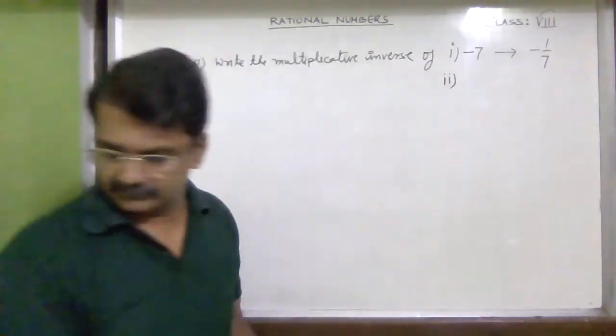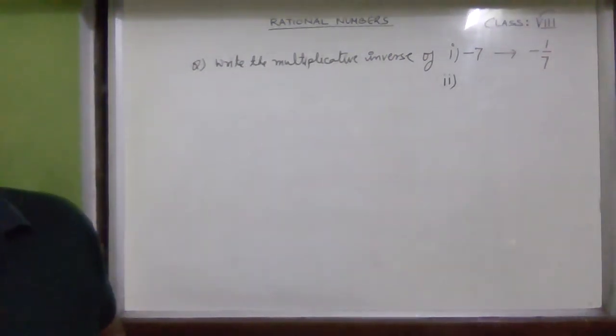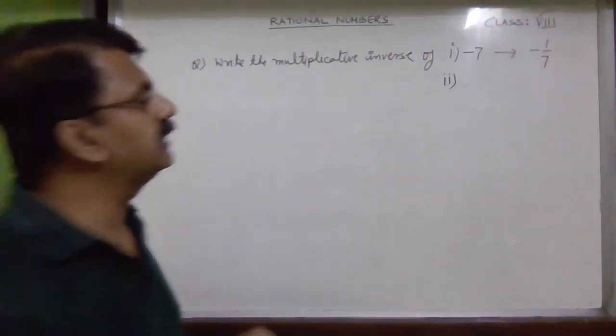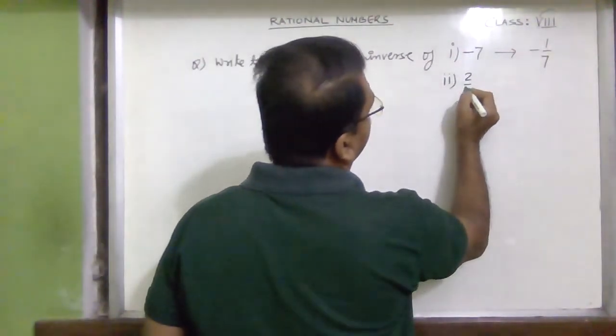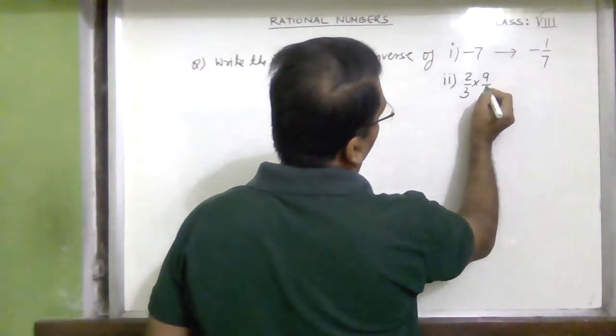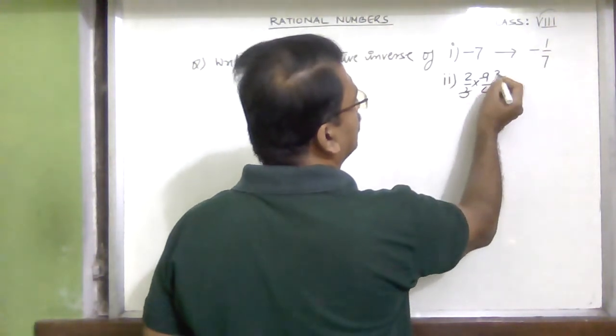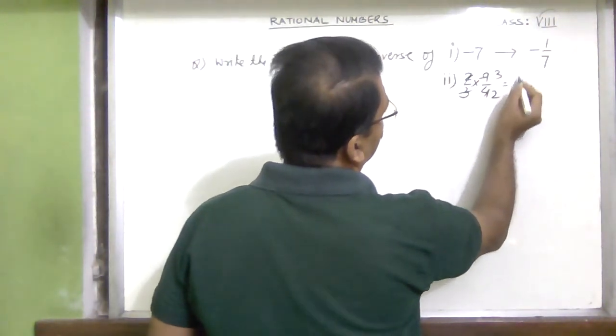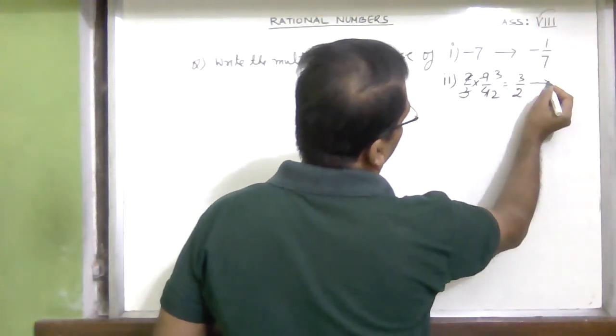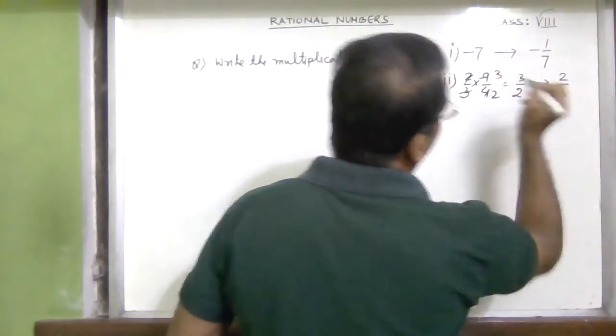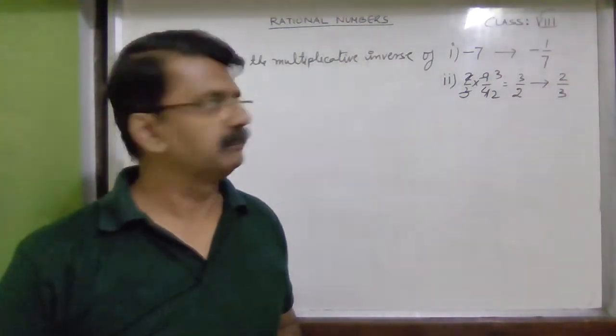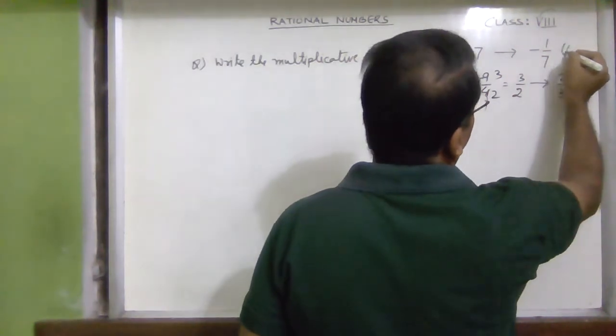Second part, 2 by 3 into 9 by 4. First of all, when you simplify, it is 3 by 2 and the multiplicative inverse will be 2 by 3. Okay? That is your answer.